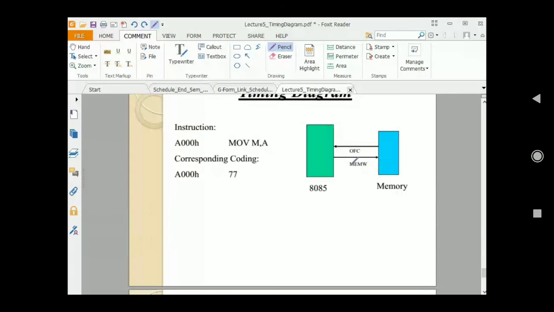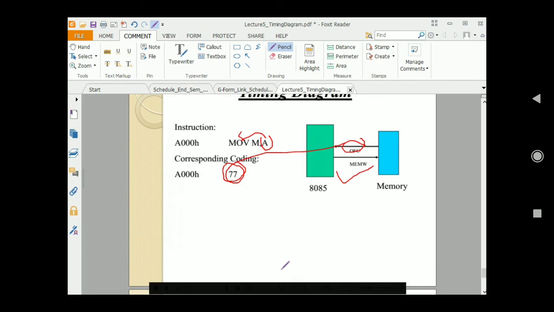So it is nothing but a memory write. Memory में write करना है. First is the memory opcode cycle for this particular loading of this 77 opcode, that is called the opcode phase cycle. And again for moving the content of A to my memory, that is nothing but memory write cycle.